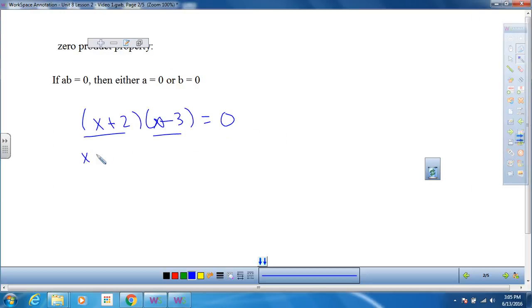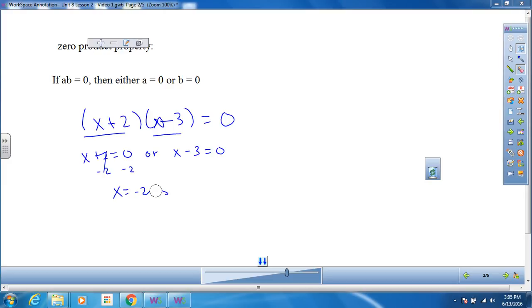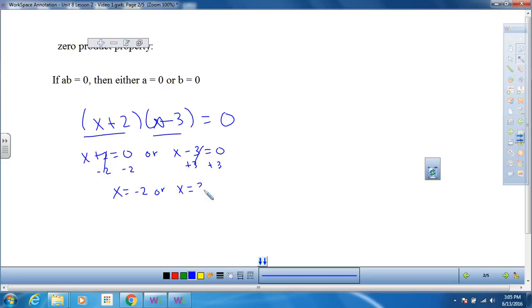So I'm going to write x + 2 = 0 or x - 3 = 0. If that's the case, then x equals negative 2 or x equals positive 3.